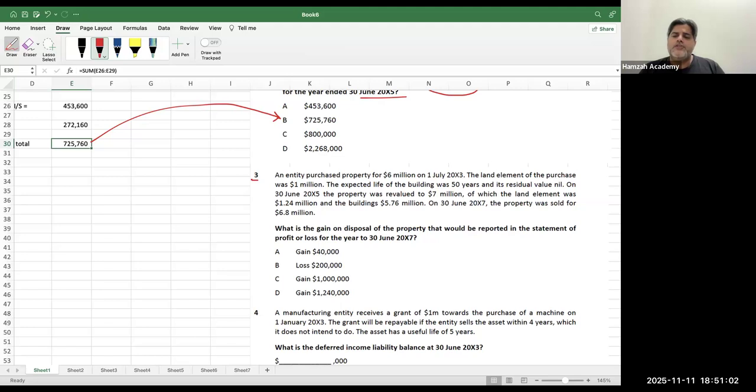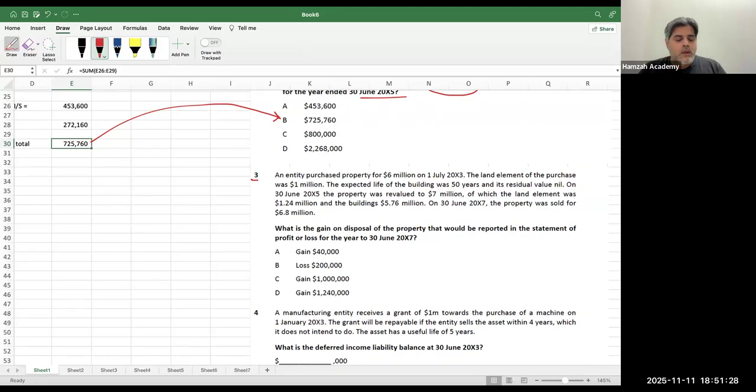Then on 30th June 2027, the property was sold for 6.8 million. Now, what is the gain on the disposal of the property? That would be reported in the statement of profit and loss for the year to 30th June 2027. So we have to take into account the gain on the disposal.